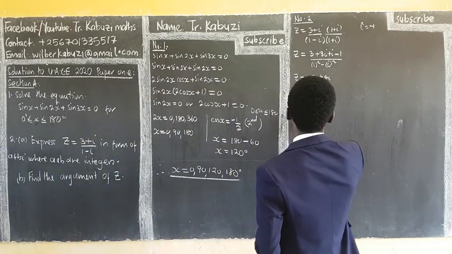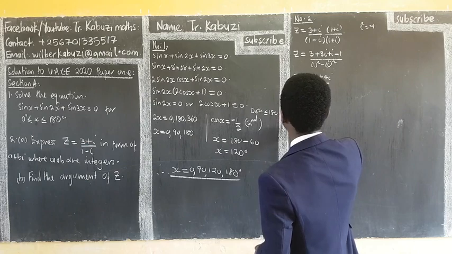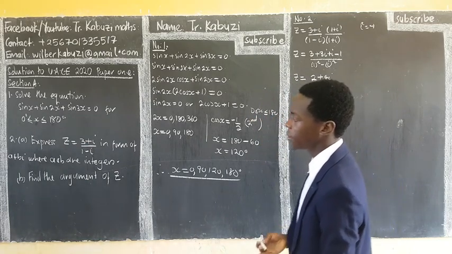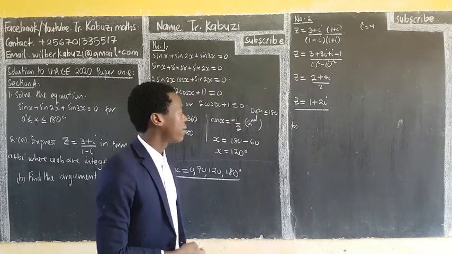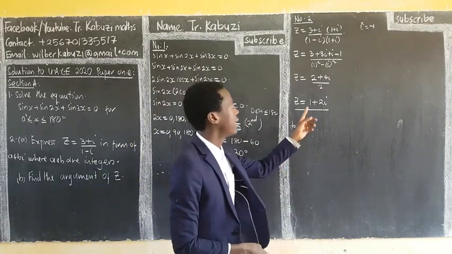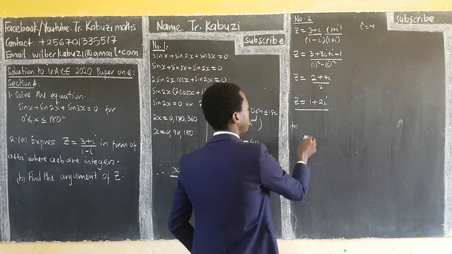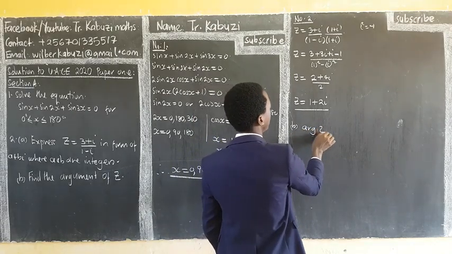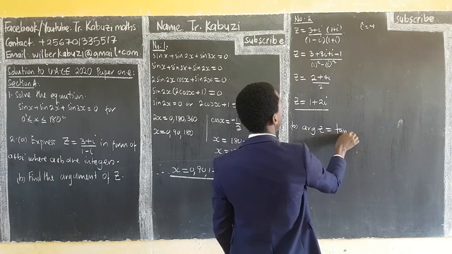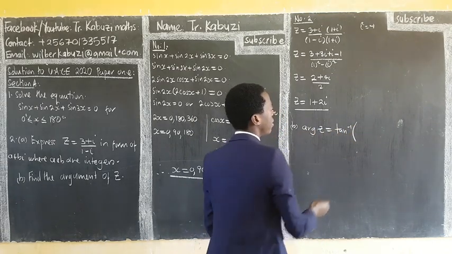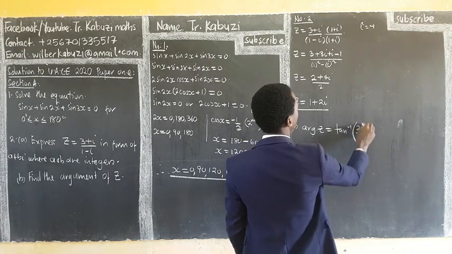This is my z. Then part b, they are telling me to get the argument. I think we know how we get the argument of a number. See that this one is in the first quadrant. So the argument of z is going to be tan inverse of the imaginary over the real, so 2 over 1.